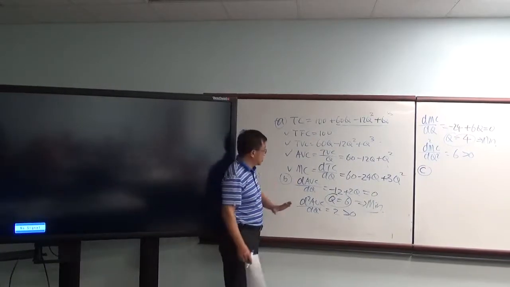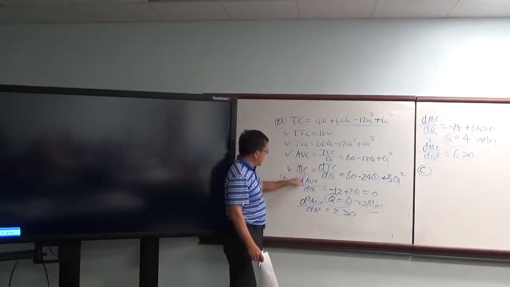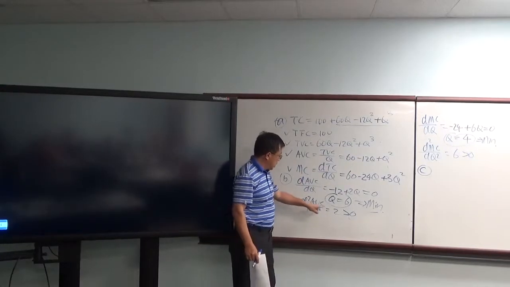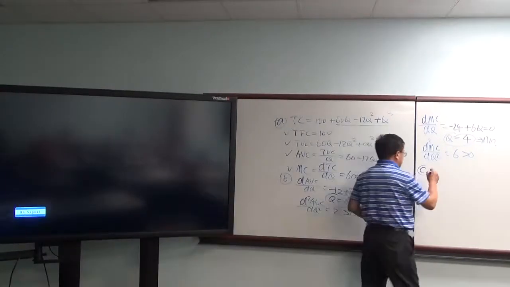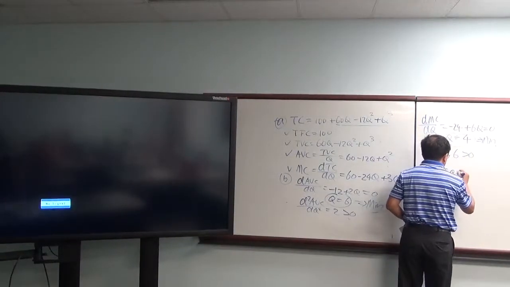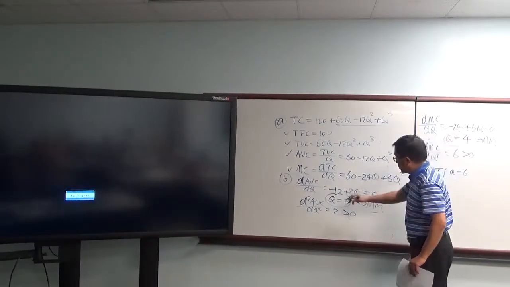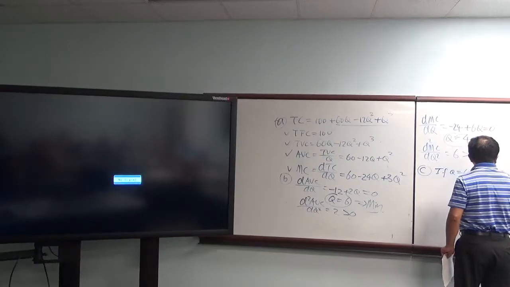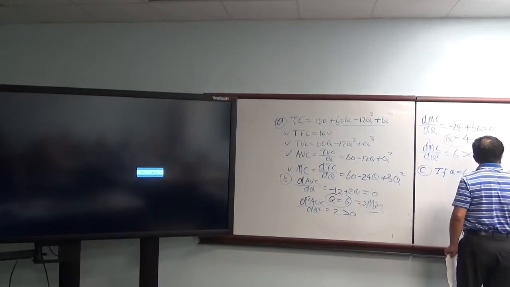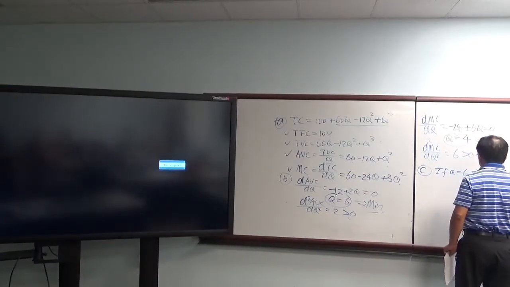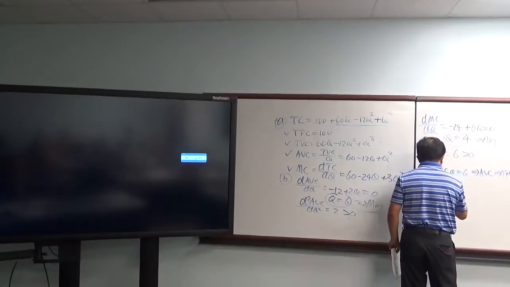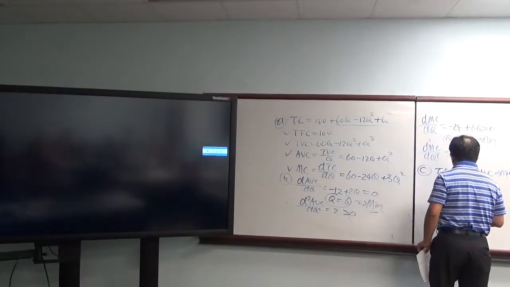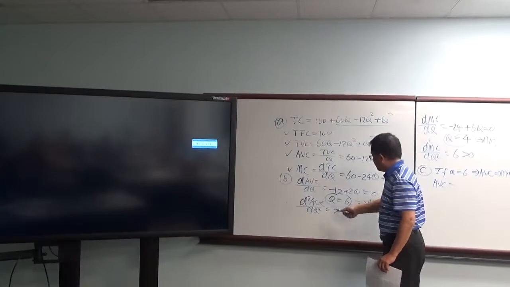According to our calculation, if Q equals 6, then the average variable cost is at its minimum. So what's the average variable cost if the output level is 6?